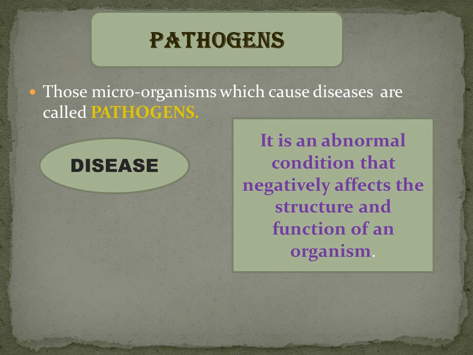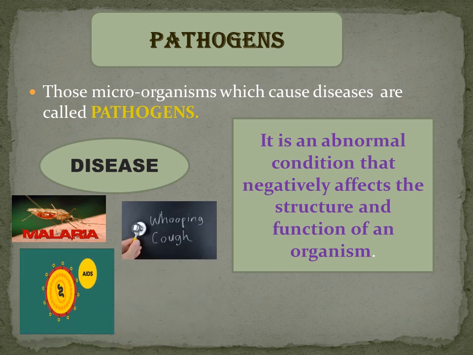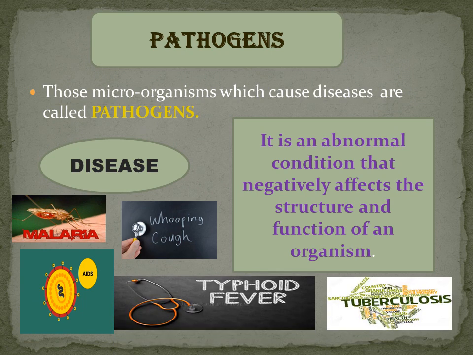Disease deteriorates your health and it will deteriorate the functioning of the different body parts or organs, depending upon the type of disease. Examples of diseases are malaria, whooping cough, AIDS, typhoid and tuberculosis.